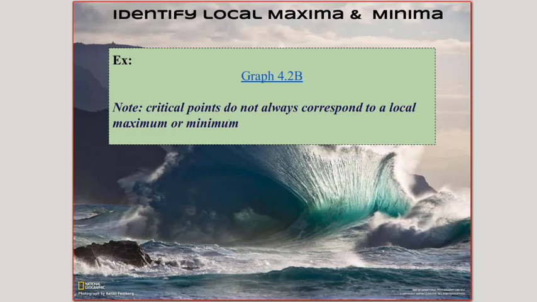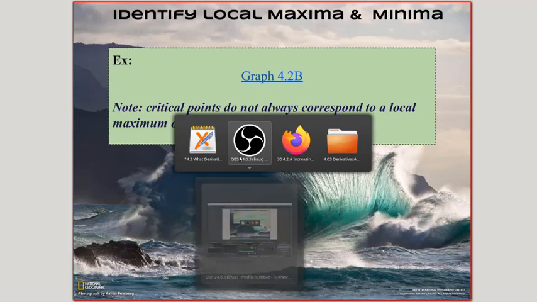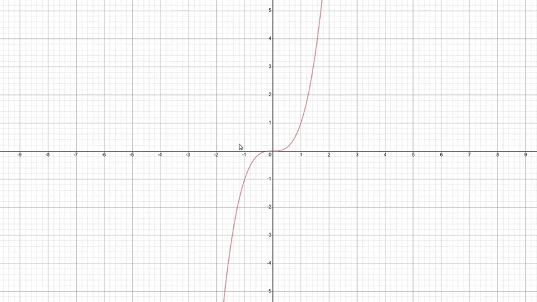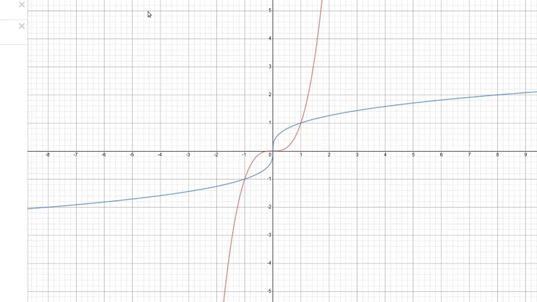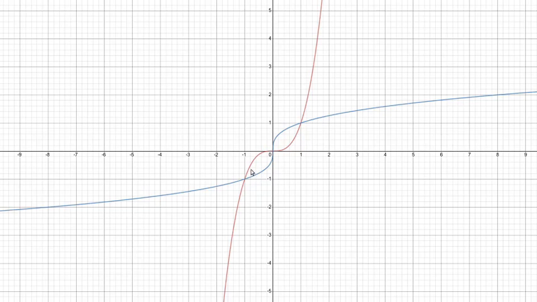So one thing to note, critical numbers do not always correspond to a local maximum or minimum, and that's exactly what I was saying. So they just help us figure out where they could be. So for example, let me look at this graph. This is the x to the 3rd graph that I was mentioning, and here is x to the 1/3. So in the x to the 3rd graph, the red line here, that's what we just looked at.